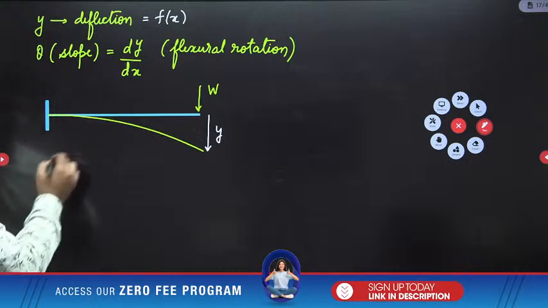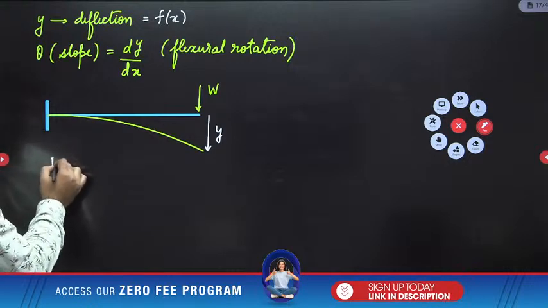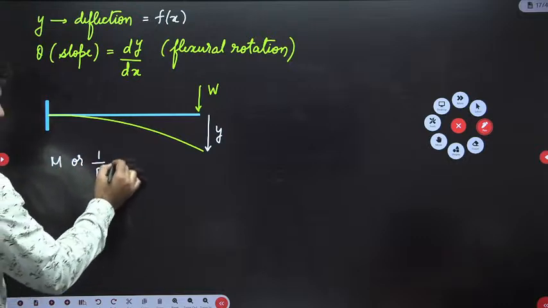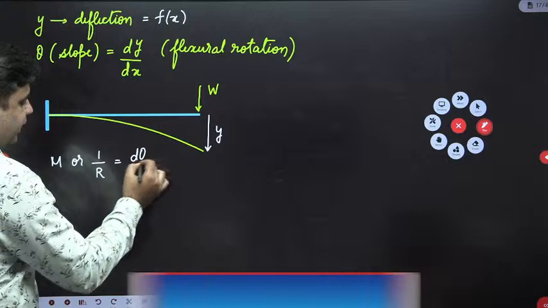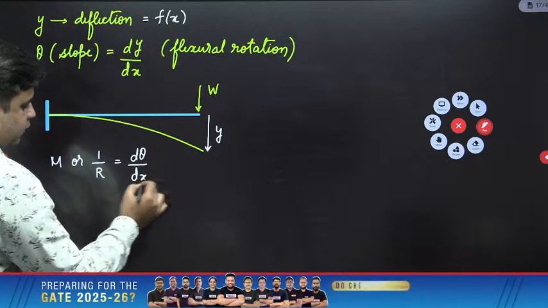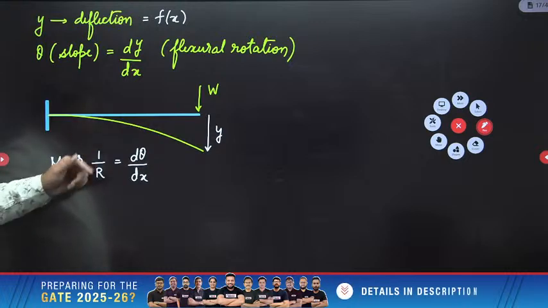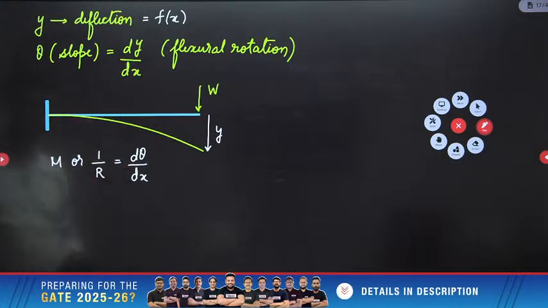Next, moment or curvature: M is the bending moment, and 1 by R is the curvature of the beam, which is equal to d theta by dx.